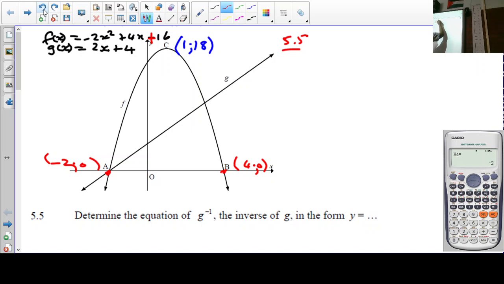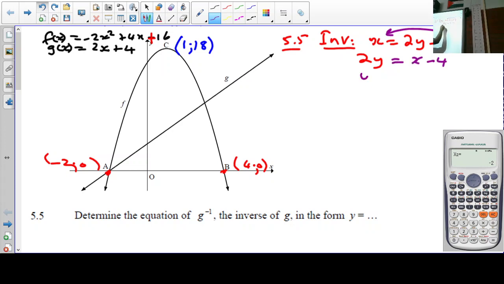Not so? So for the inverse, it's going to be x is equal to 2y plus 4. Make y the subject of the formula, so 2y is equal to, we took the 4 over, so 2y is equal to x minus 4. So I divide by 2, so y is equal to half x minus 2.